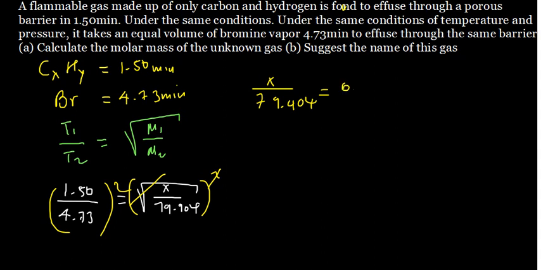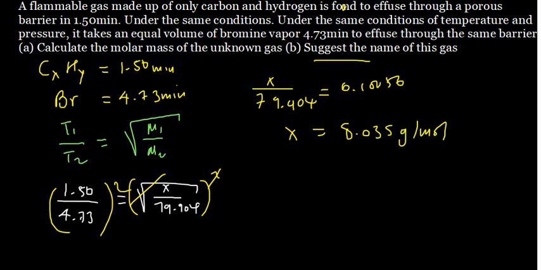That is going to give us 0.10056, and then we multiply this value by 79.904. This is going to give us about 8.035. This is in grams per mole.